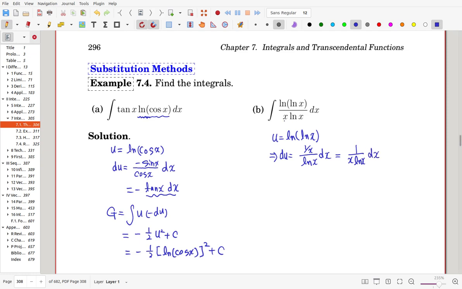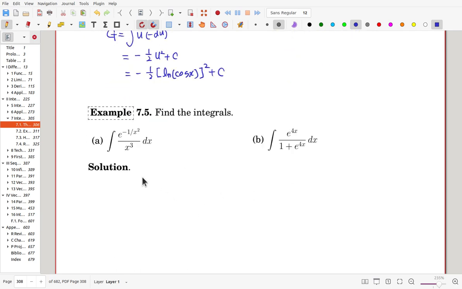Quite simply this portion becomes du, so that the given integral is the same as integral u du, that is half u squared plus c. Now you can replace u with that term, then that's it, you can finish it.